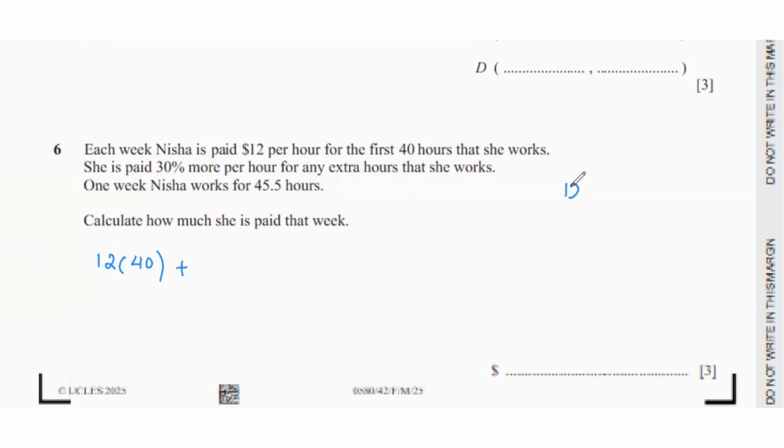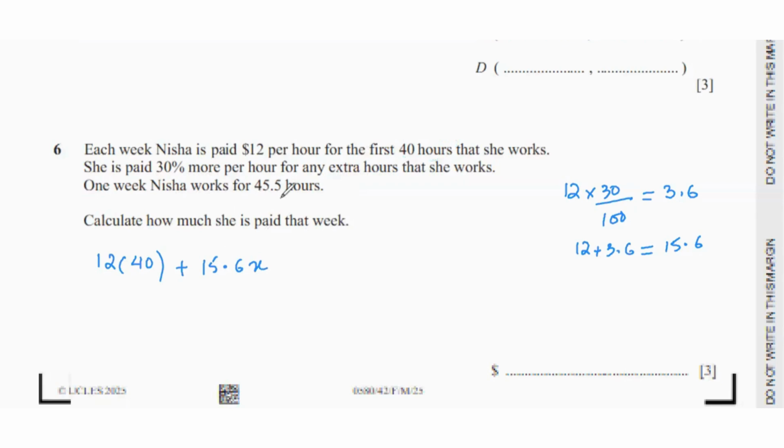So we need to find 30% of 12. So 30% of 12 is going to be 3.6. So 12 plus 3.6, which is 15.6. She's paid $15.6 for any extra hour that she works. So 15.6 times x.